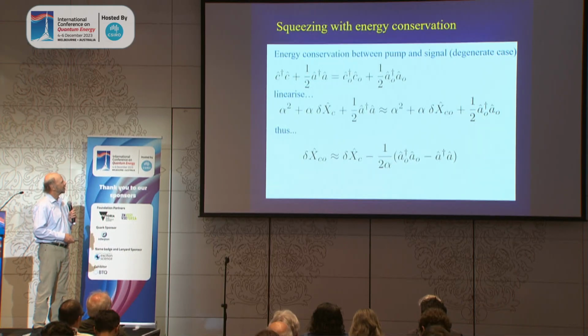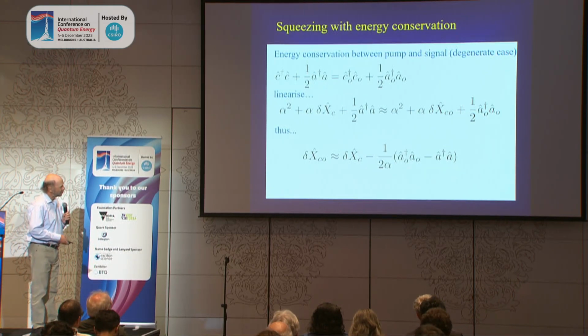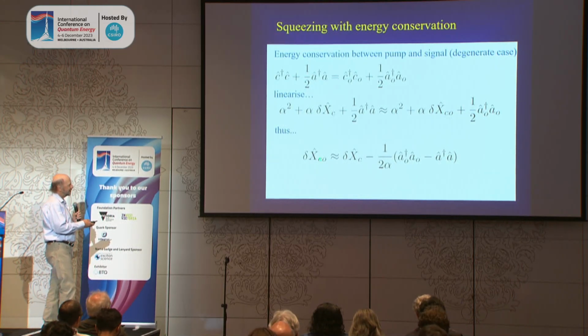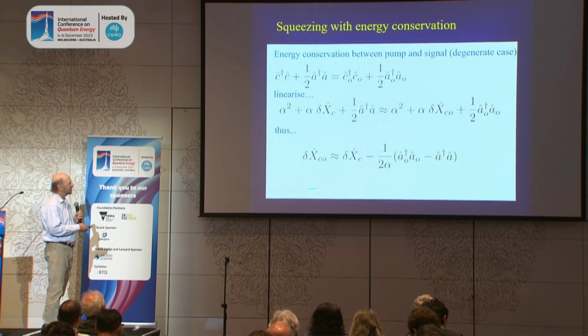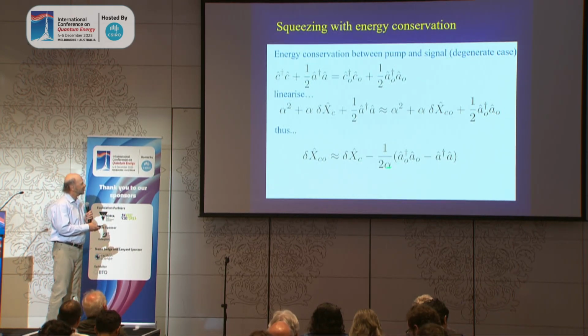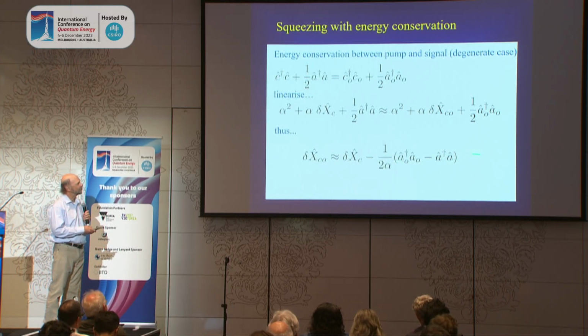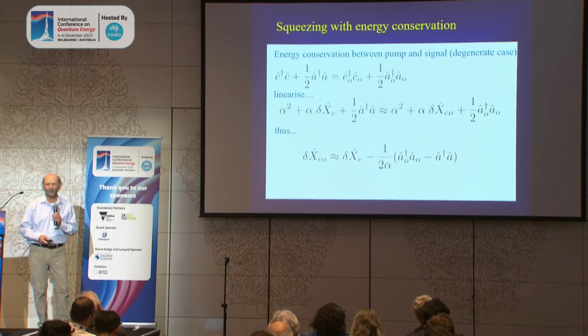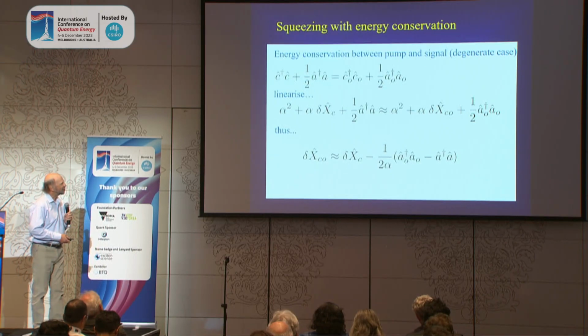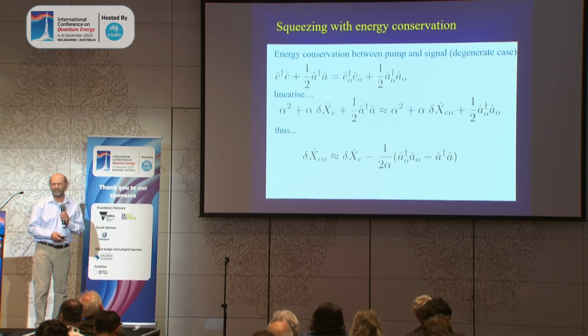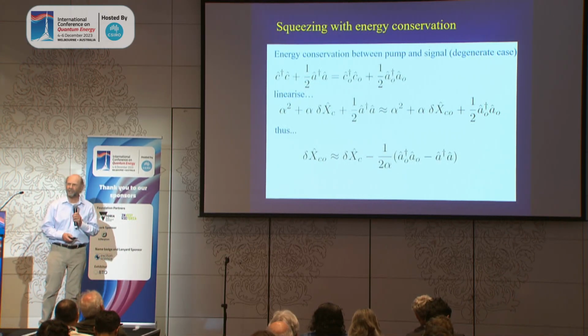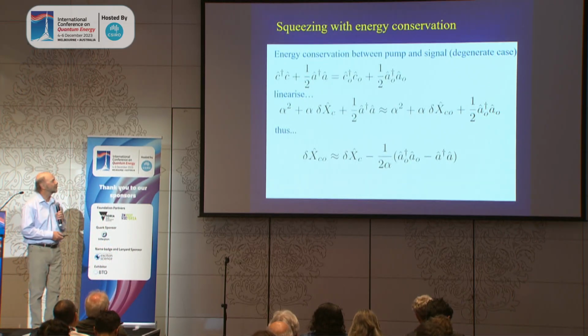Then you just reorganize that and you get this prediction that the fluctuations of the pump at the output should just be the fluctuations at the input, but then displaced a little away from the zero mean by the difference between the output photon number and the input photon number. So this is obviously a nonlinear effect. The pump amplitude is being displaced by the signal photon number.